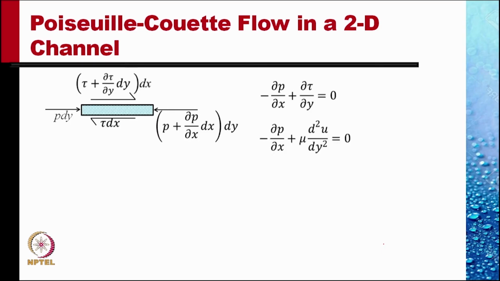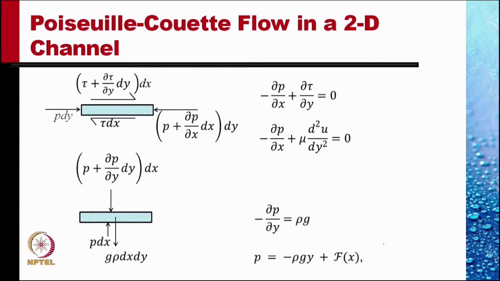Now for tau, the shear stress, we plug in mu del u by del y by Newton's law of viscosity, and so the expression is now this. If I consider the equation in y direction, obviously there is no acceleration in the y direction, there is no motion in the y direction.